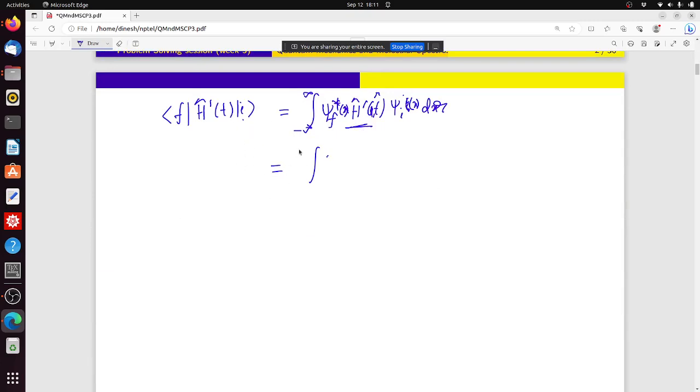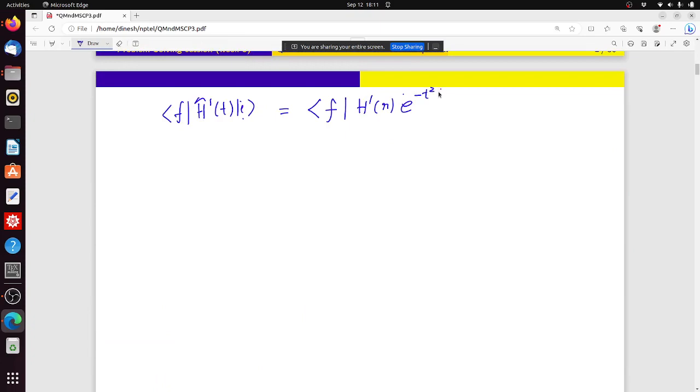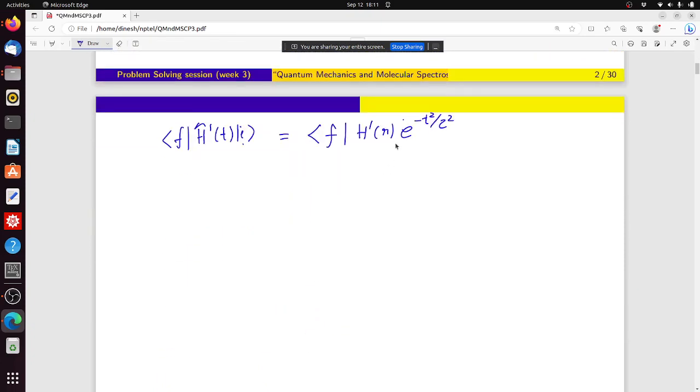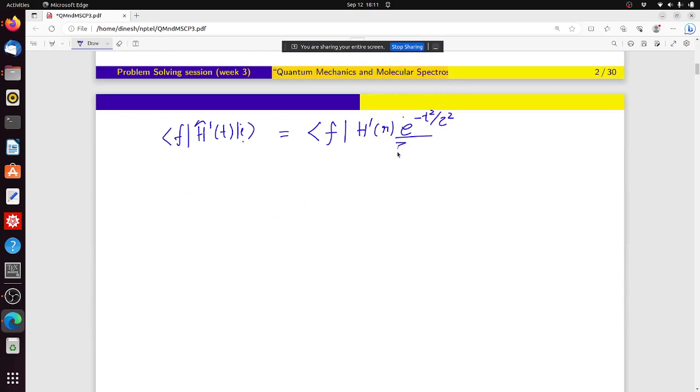So let's not do this. Let's substitute this h prime, which is h prime of r, then e to the power minus t square over tau square by tau root pi.